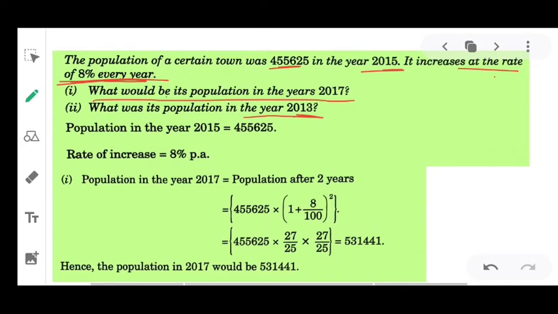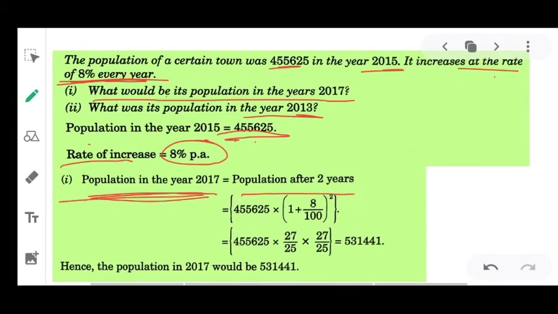So here population in the year 2015 is 4,55,625 and rate of increase is 8% per annum. So that is same as the compound interest. Okay, so compound interest, population in the year 2017 equal to population after 2 years.